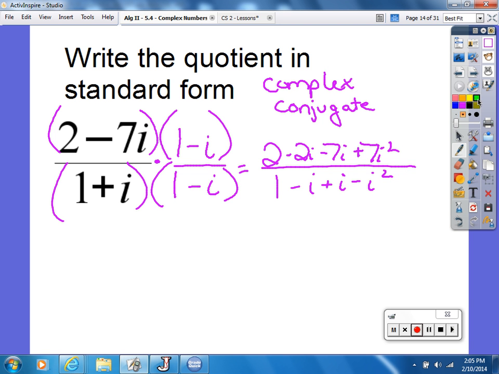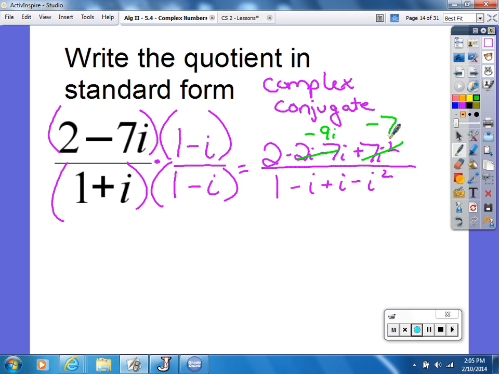From here, if you don't want to have to rewrite it with every step, you can cross things out, if you can cross things out neatly. So negative 2i and negative 7i become negative 9i. What does positive 7i squared become? Negative 7.